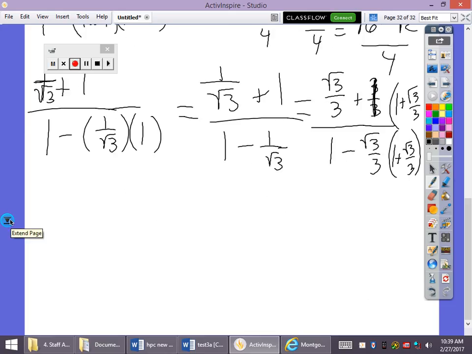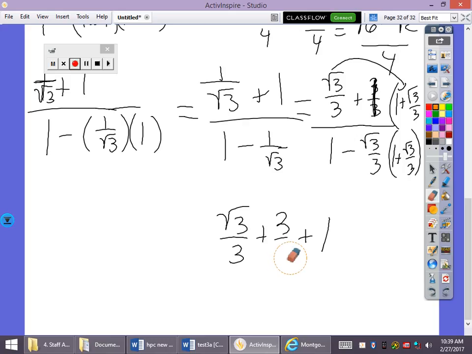So this becomes the square root of 3 over 3 because distribute the property, plus 3 over 3 plus 1, 3 over 9. Square root of 3 times square root of 3 is 3, and 3 times 3 is 9. And then we have to do 1 times the square root of 3 over 3.